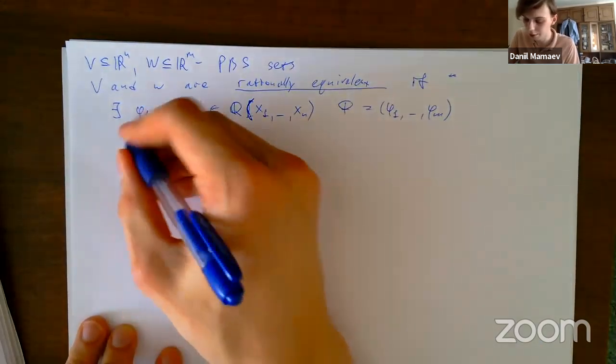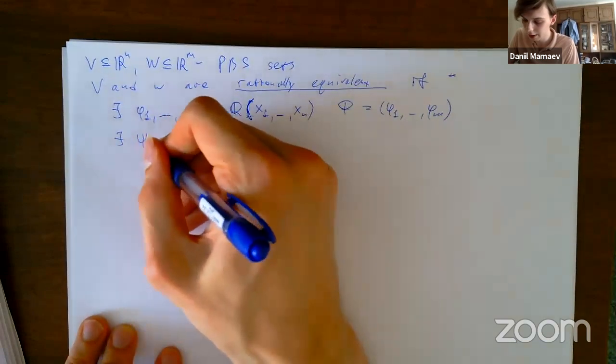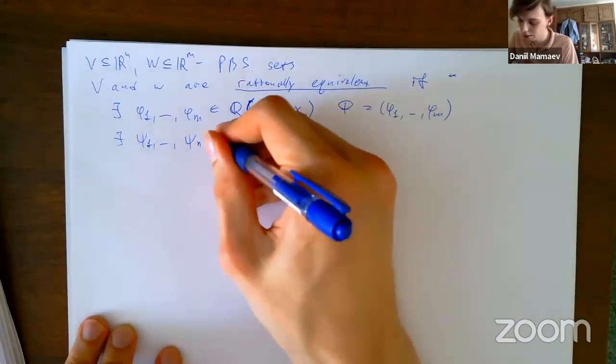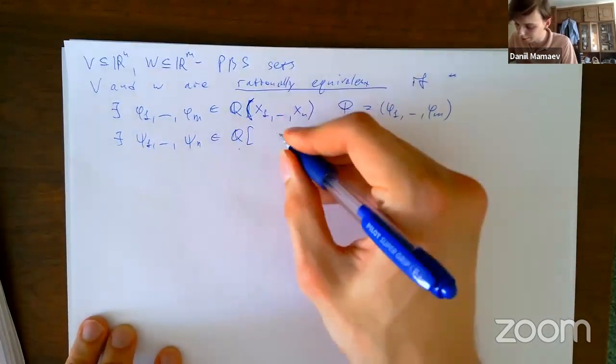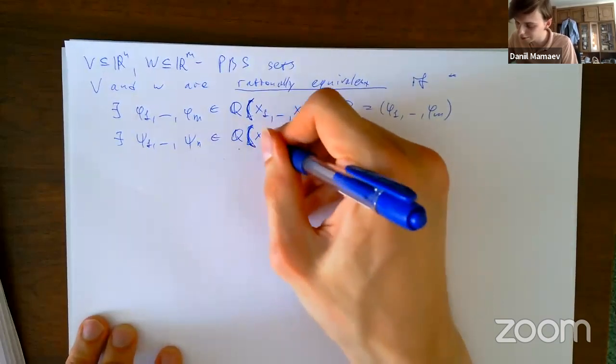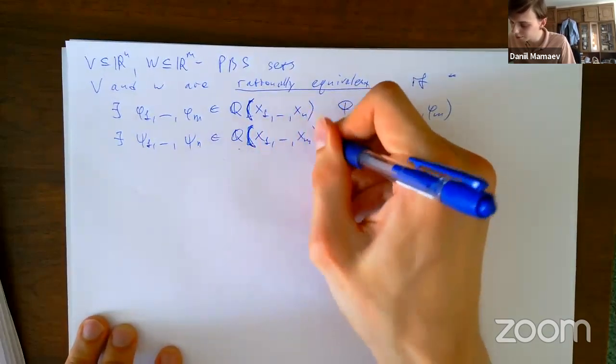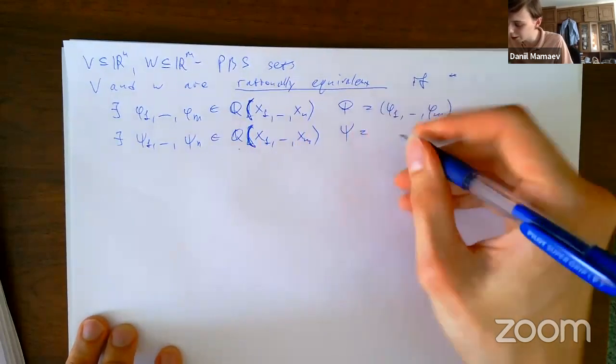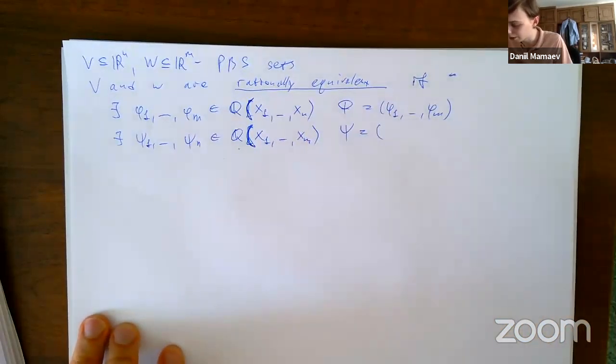And also we have rational functions that define a rational function in the backward direction.